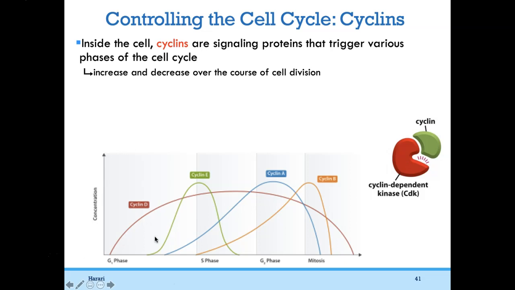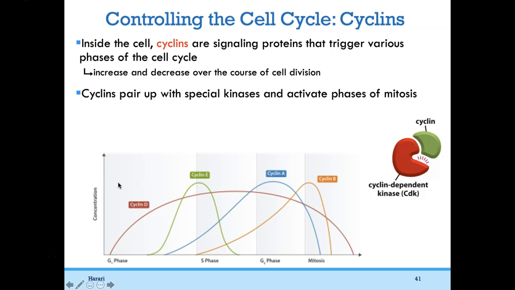For example, only when cyclin E is at its peak can S phase start. And then only when cyclin B is at its peak can mitosis start. So these cyclins go up and down, and these dictate which part of mitosis should be triggered.